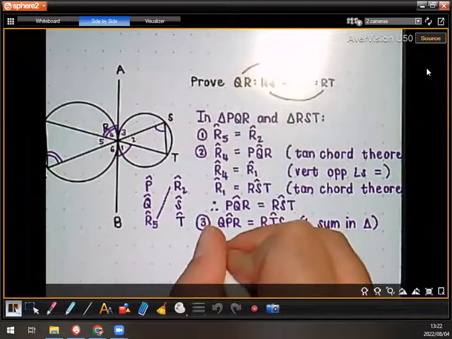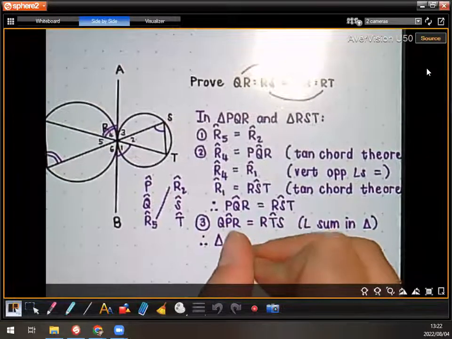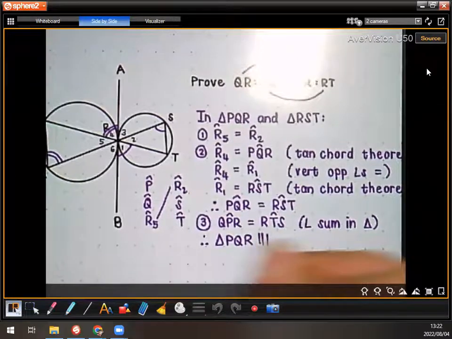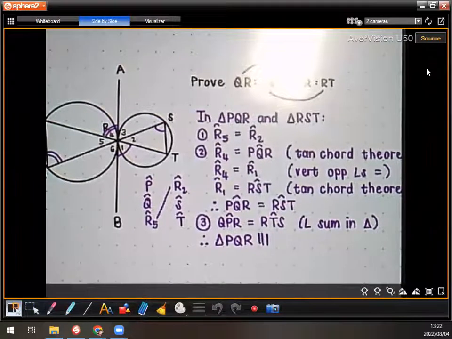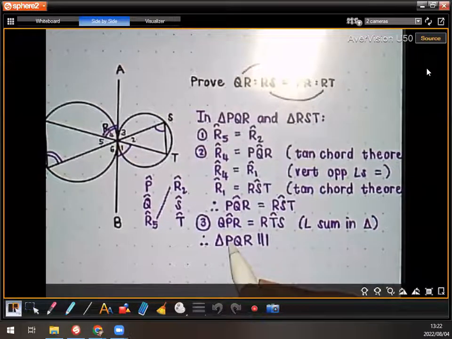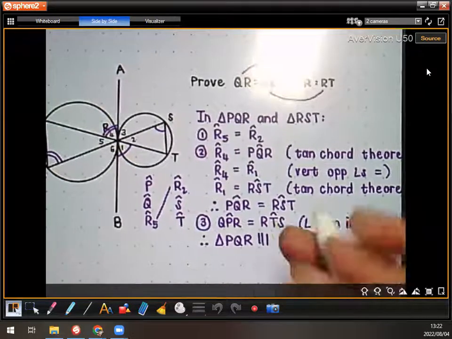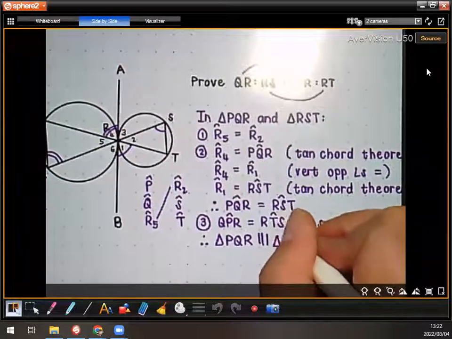Therefore, similarity statement now. Triangle PQR, like I said yesterday, for my first triangle, I always just write the letters in alphabetical order and then I match them up. So since we wrote P first, we need to write the angle that's equal to P first here. So P is this angle, right? The third one, and that is equal to angle T. So I need to write T first.